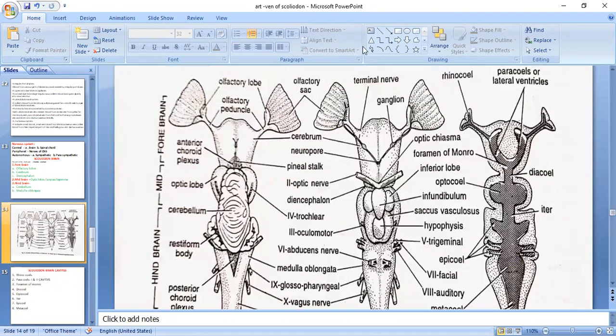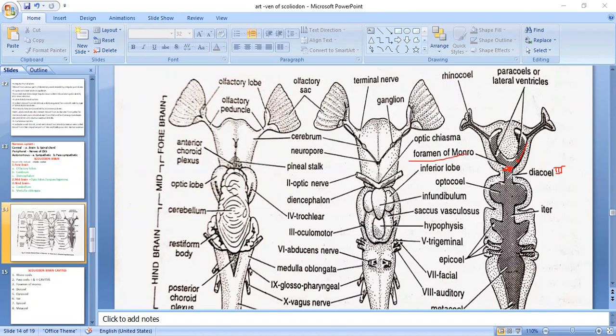And there is an opening called the foramen of Monro that connects the second and third cavities. The third cavity, the cavity present in the diencephalon, is called the diacoel. The aperture that connects the second and third cavities is called the foramen of Monro.